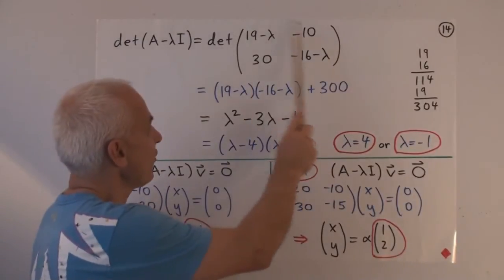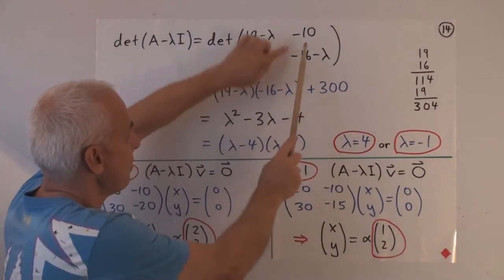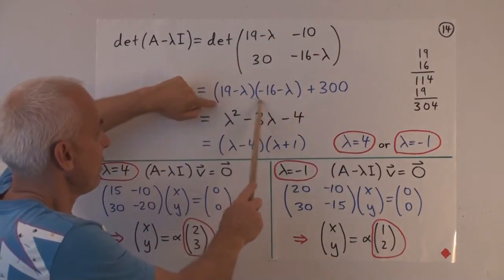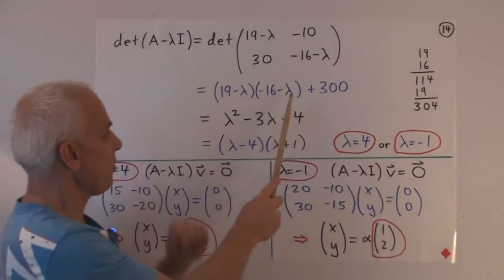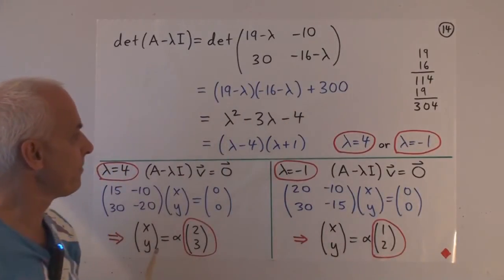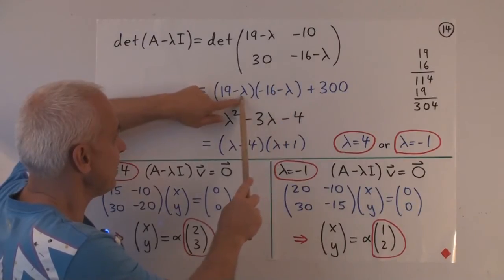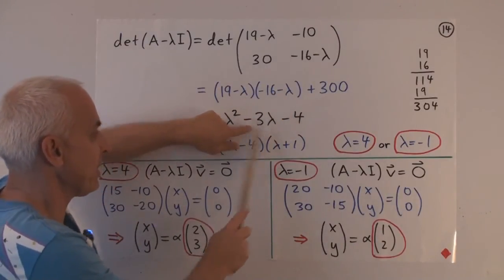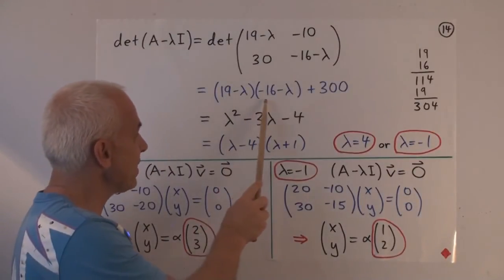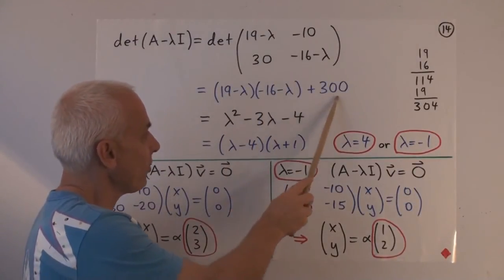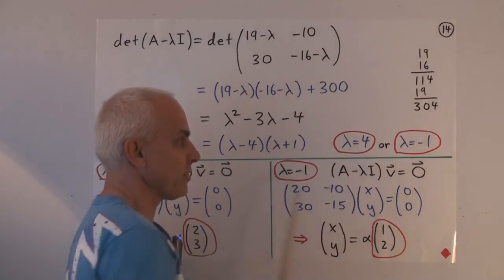The determinant of this 2 by 2 matrix is that times that minus that times that, plus 300. We expand that out, we get a lambda squared. We get 19 times minus 1, that's minus 19, plus 16, that's minus 3 lambda. And the constant term is minus 19 times 16 plus 300. Well, 19 times 16, I worked it out over here, that's 304.